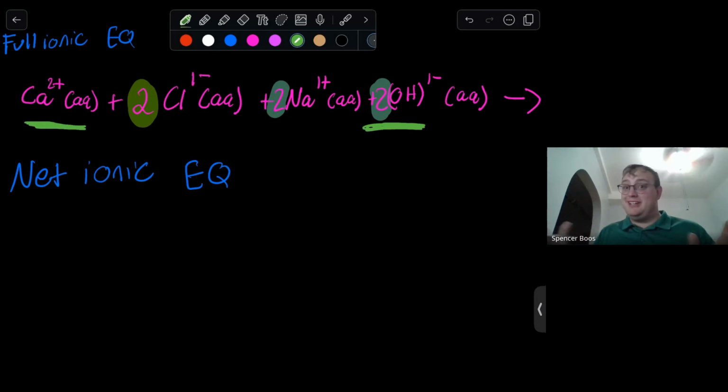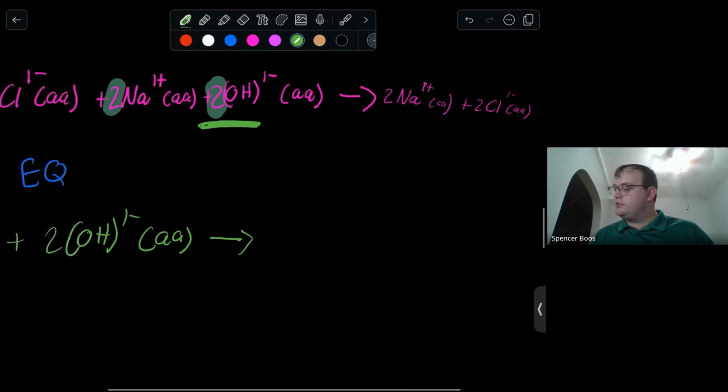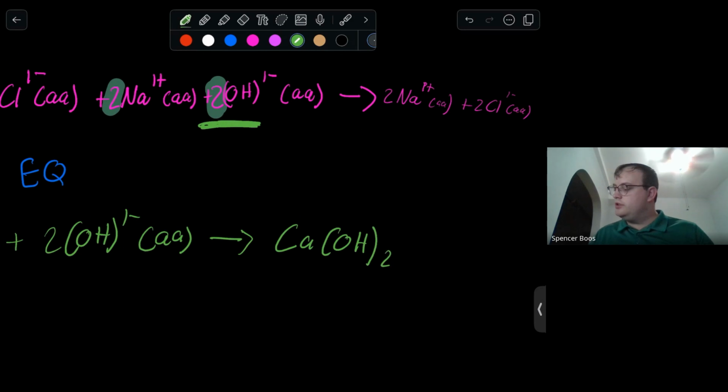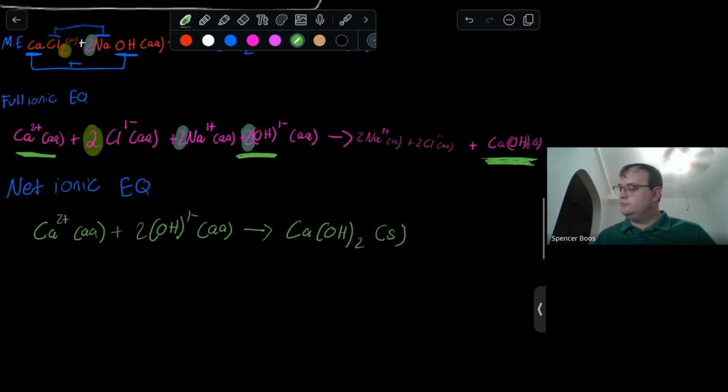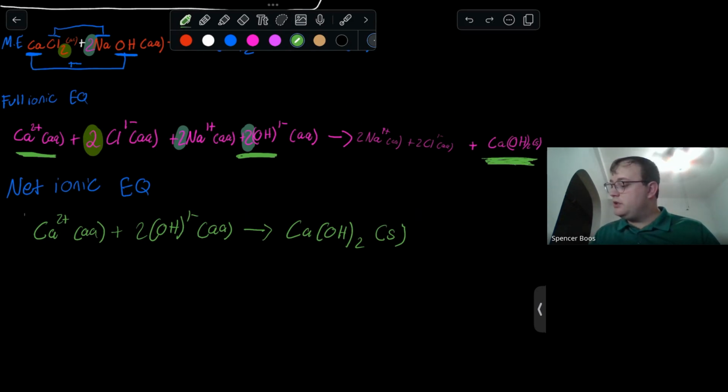Just those 3 things. That's it. Calcium, which has a 2 plus charge, that's aqueous, plus 2 hydroxide ions, which are also aqueous, and this yields our solid CaOH2. And bingo, was his name-o.